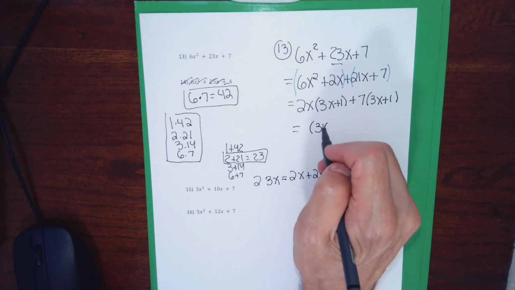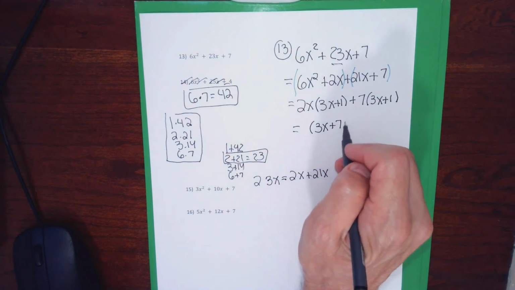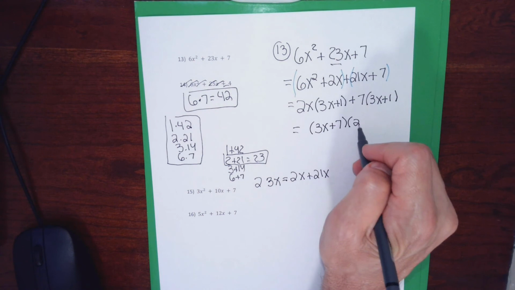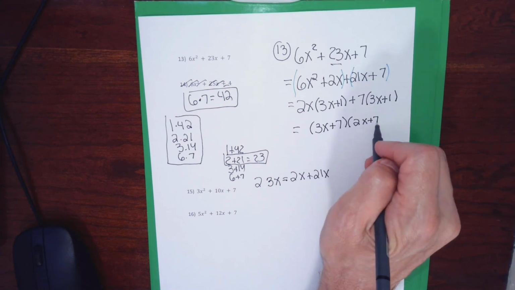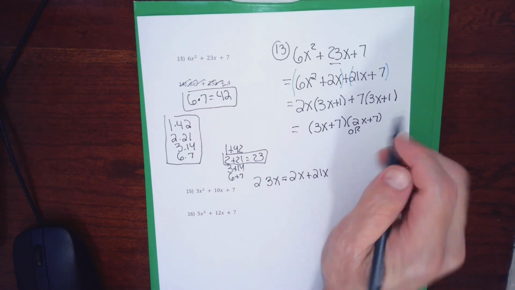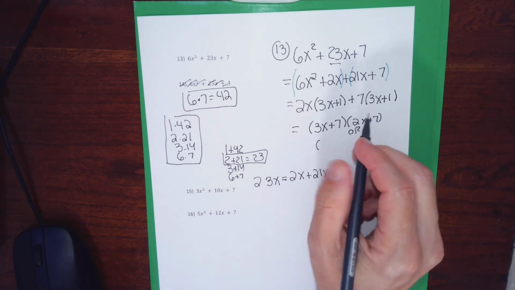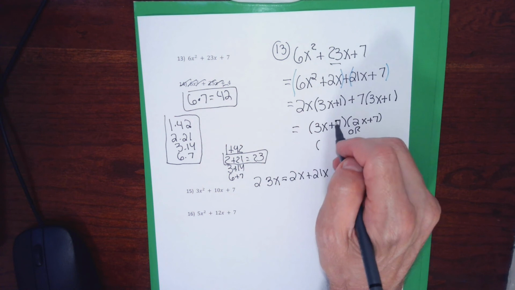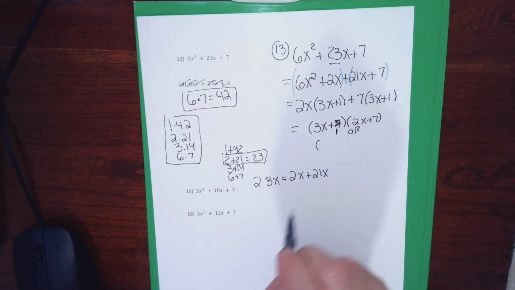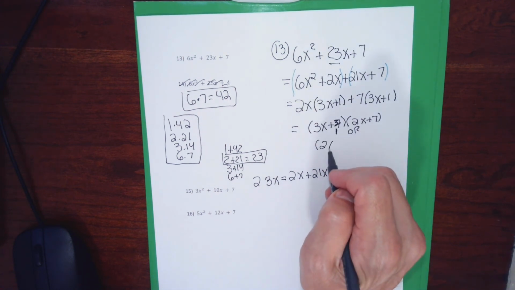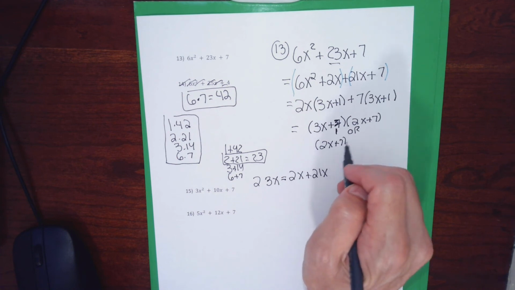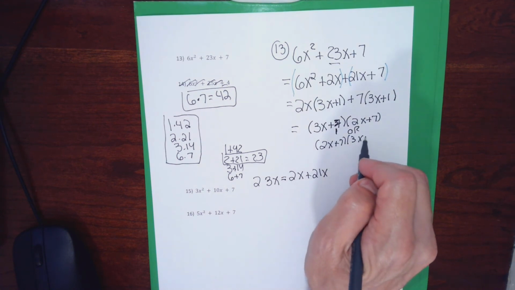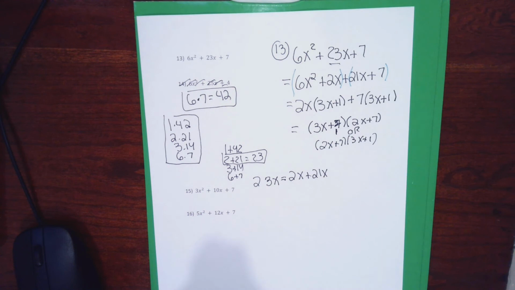That's really crucial to be able to do. Once I get a duplicate parentheses, I can write my answer. And I should have written 3x plus 1 there. It's going to be 2x plus 7 and 3x plus 1 in whatever order I decide on.